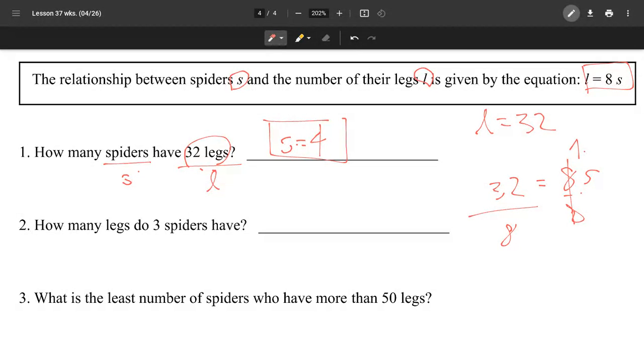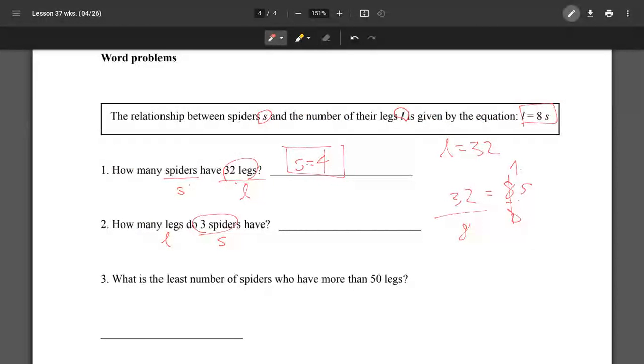Okay, number 2, how many legs do 3 spiders have? This time we're given S, and we're trying to solve for L. And so we're going to substitute 3 for S. So we have L equals 8 times 3.